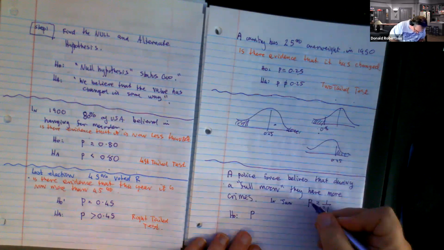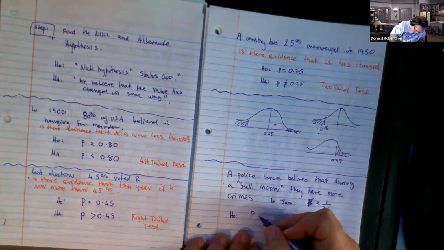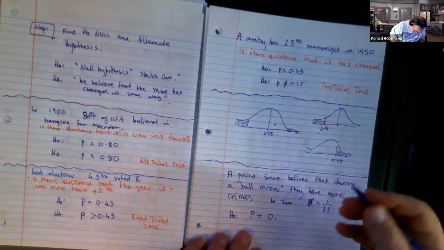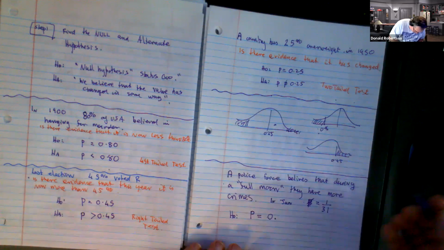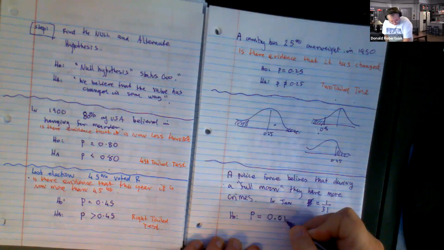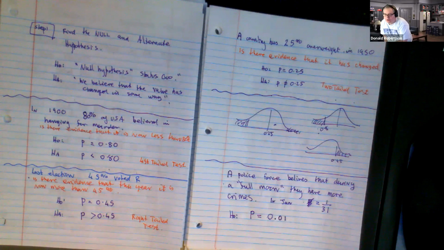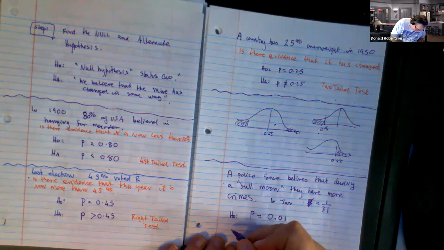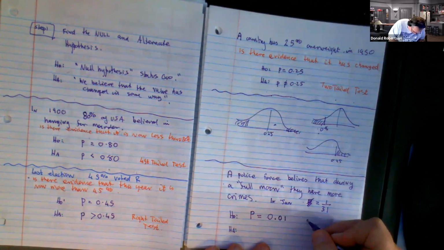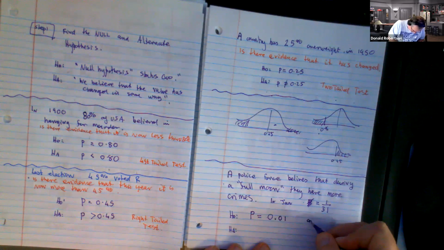I guess I shouldn't really call that P. And the percentage of crimes that get reported is 1%. So on a normal January day, they get a 1% crime rate. Right. On a full moon day.